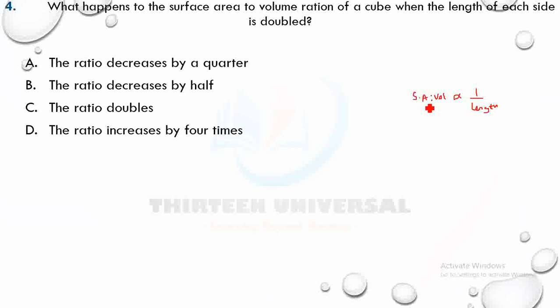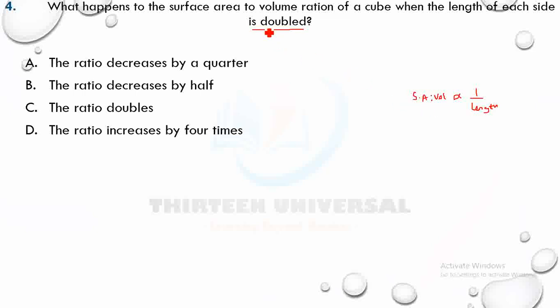But the shorter the length, the bigger this. So if the length of each side of a cube is doubled, that means it's the opposite, inversely proportional.